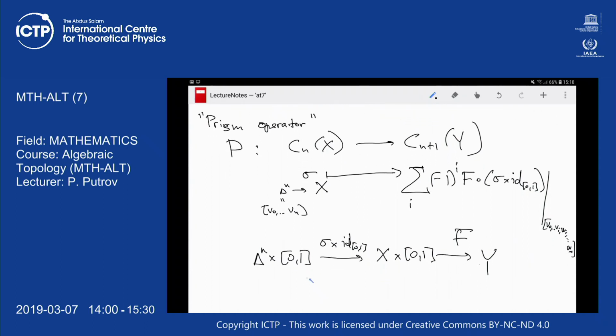It gives a map from delta n times interval to y. And since I could decompose this into subsimplices of this type, I can restrict this composition to one of them, and then I take it with a certain coefficient, plus or minus. Is it clear how the right-hand side works? It looks very similar to the boundary map, but it's not the same. In particular, it increases the degree from n to n plus 1.